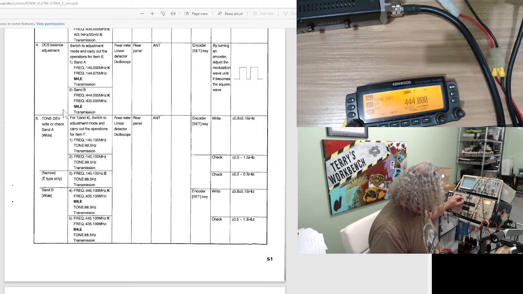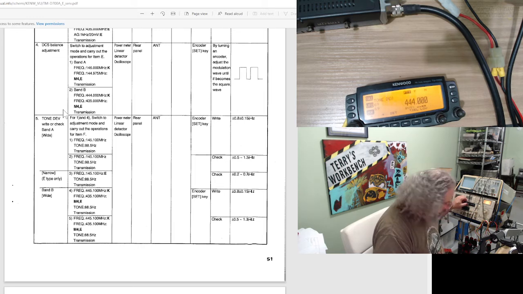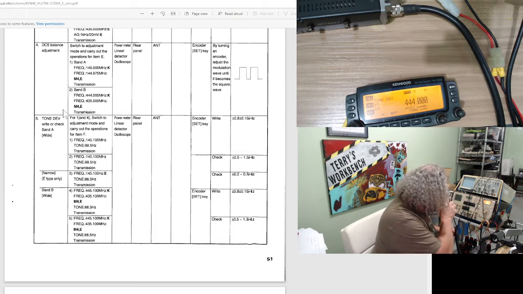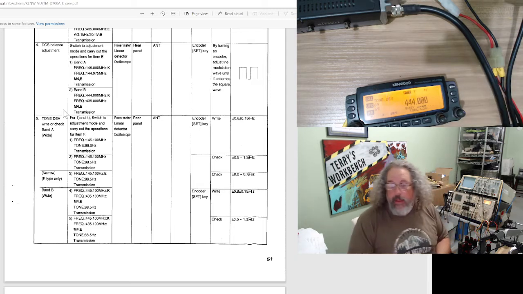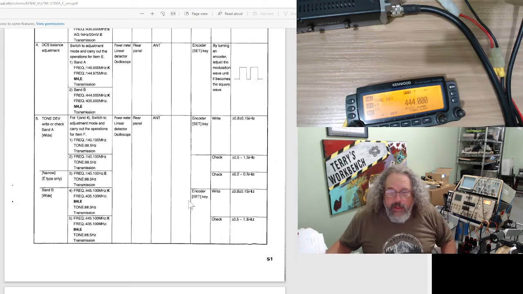Hey, I wonder if I get a harmonic to work. Hello? Hello? No, that didn't work. I tried. Okay, so we've set those levels.